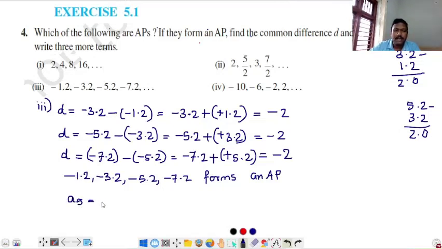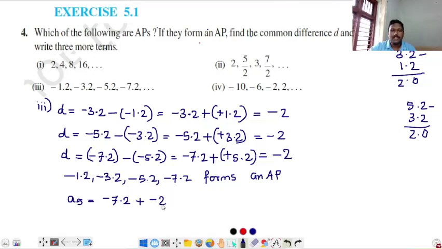So what is A5? A5 will be −7.2 plus the common difference, which is −2. We have to add that −2 to this one.